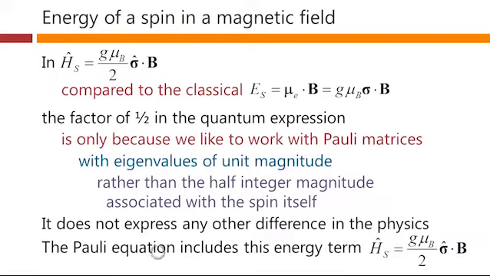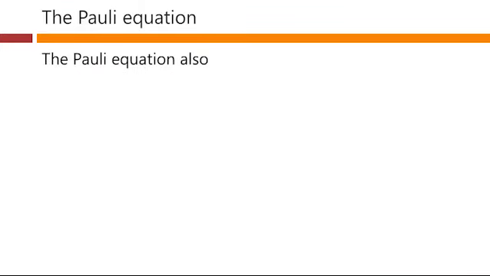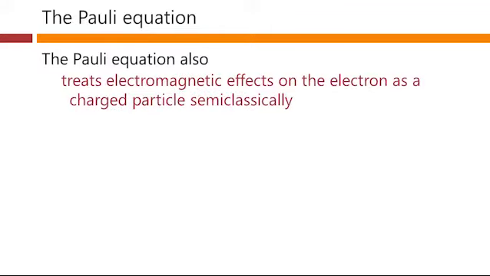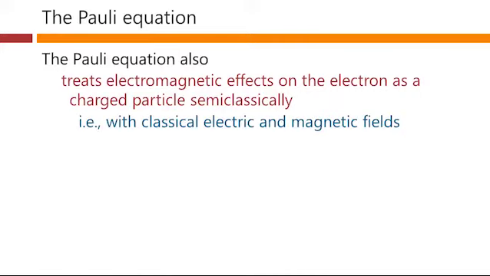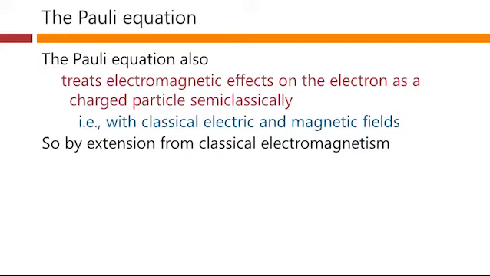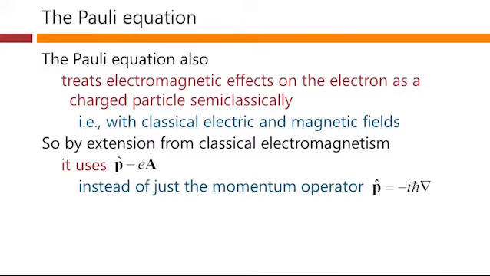So the Pauli equation includes this energy term that we have at least rationalized here. The Pauli equation also treats the electromagnetic effects on the electron as a charged particle semi-classically, that is, with classical electric and magnetic fields. So by an extension from classical electromagnetism, it uses p minus eA, the magnetic vector potential, instead of just the momentum operator p.